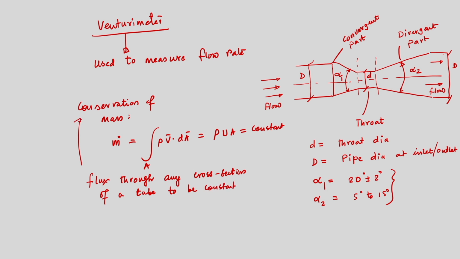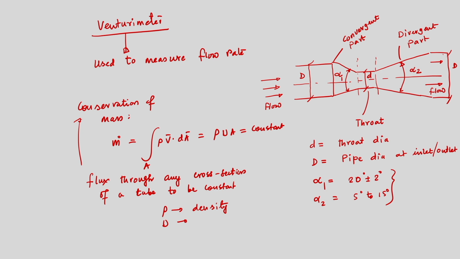We have written this as a mathematical expression, where rho is the density and u is the appropriate mean velocity. If I apply the conservation equation, rho times velocity times area is constant.